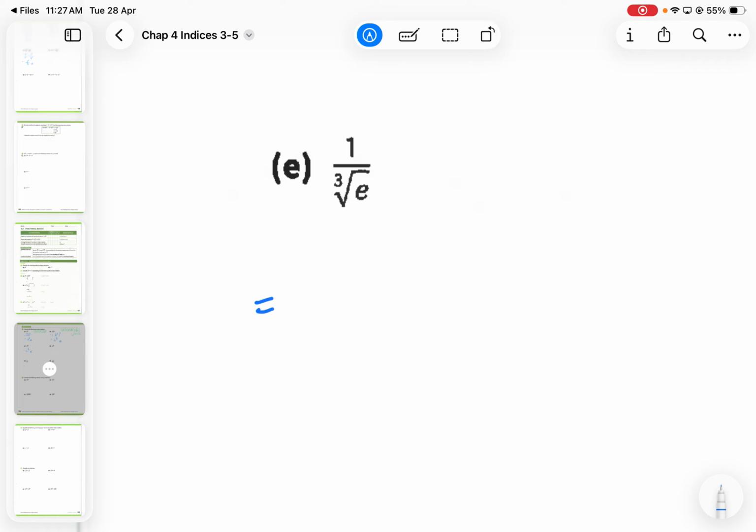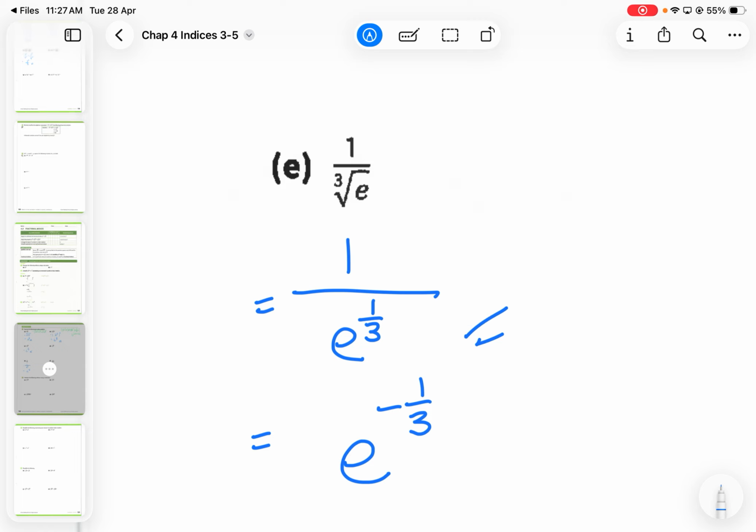One divided by cube root of e. So do things one at a time. Cube root of e means e power divided by 3. Okay? Then I can also write it as bring this whole thing to the numerator and then I change the positive to negative for the power.